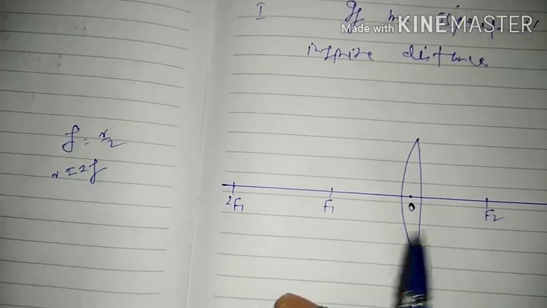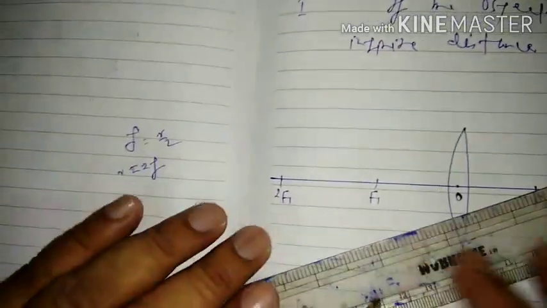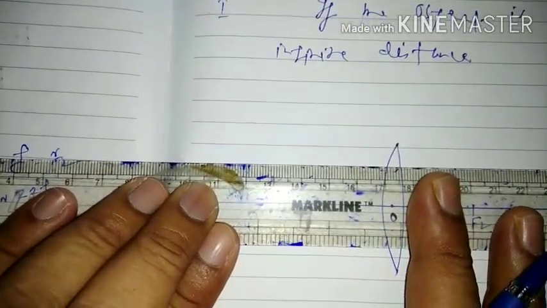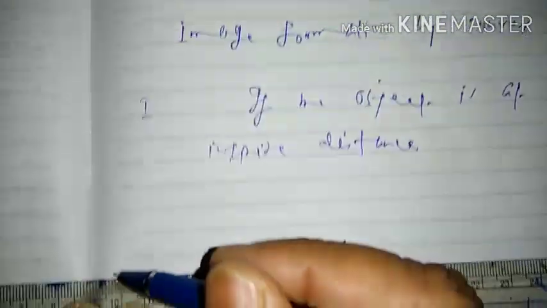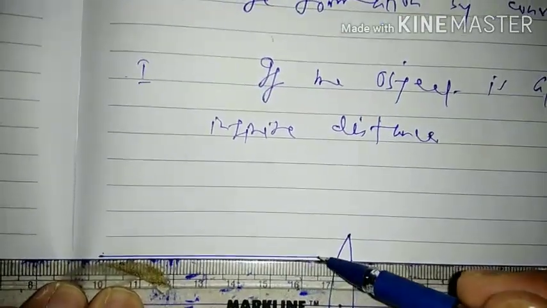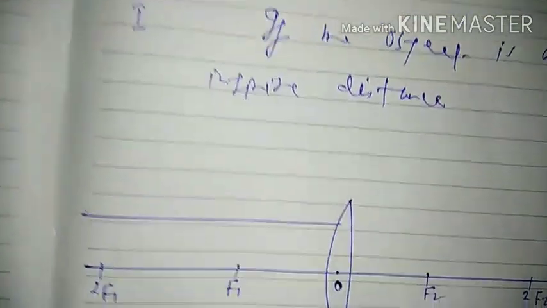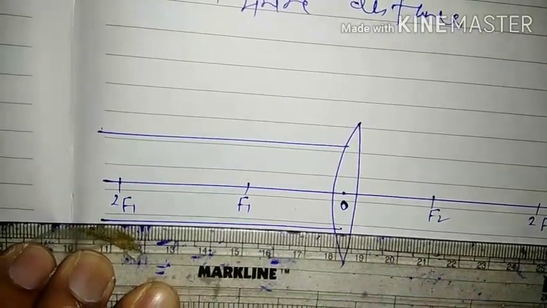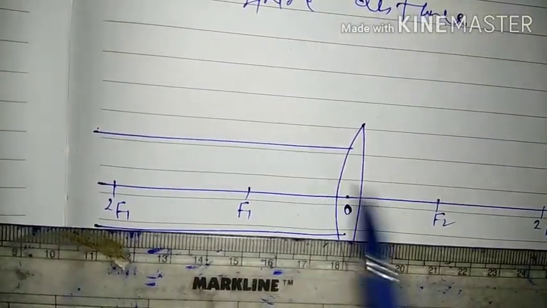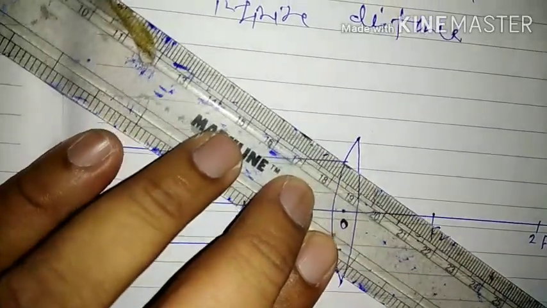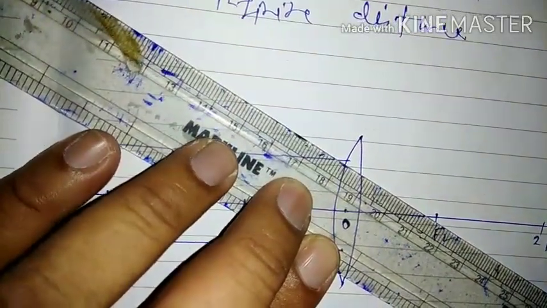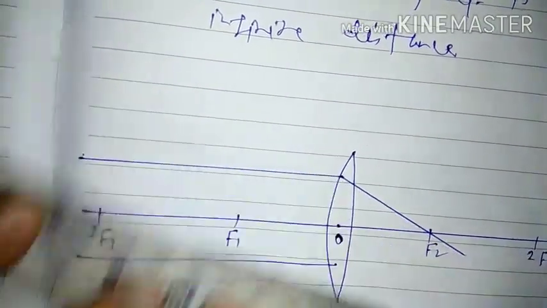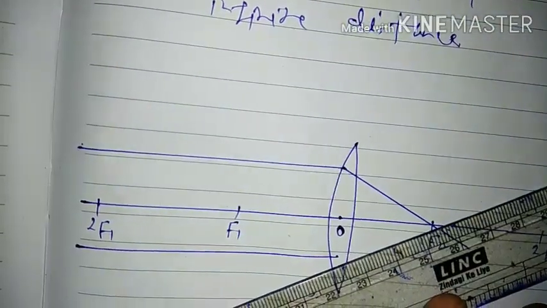If object is at infinite distance, then rays of light coming from infinite distance are taken parallel to the principal axis, and in first rule we had seen that rays of light parallel to the principal axis after refraction from convex lens meet at a point on the principal axis, and this point is called focus.